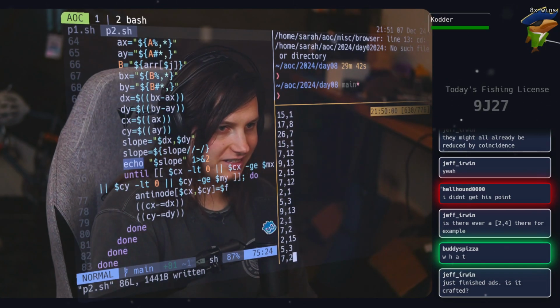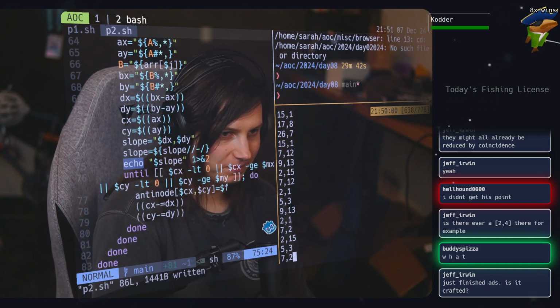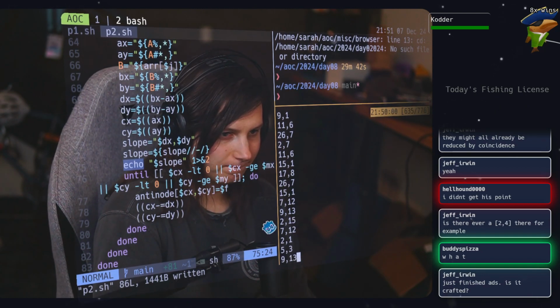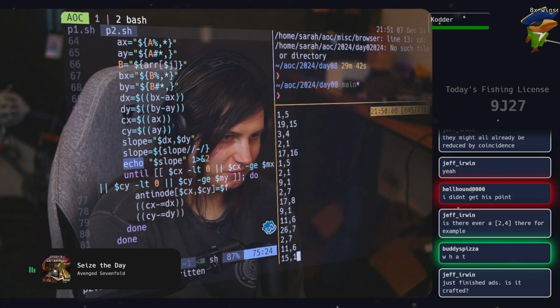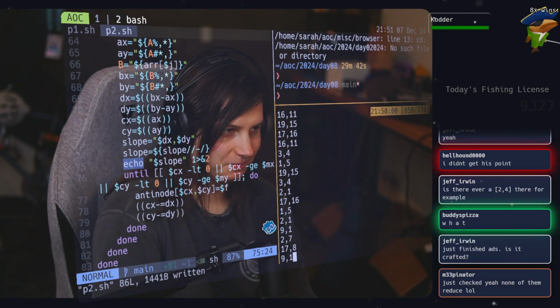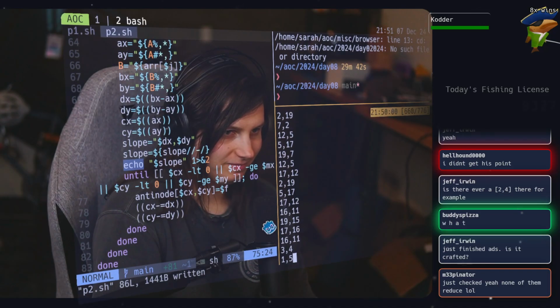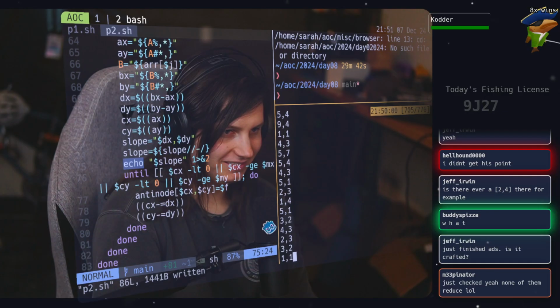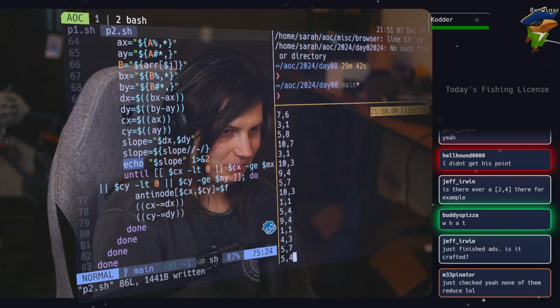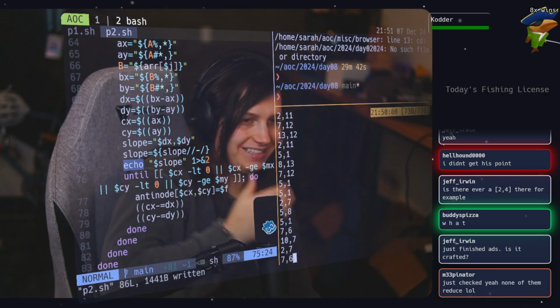Is it crafted? It's definitely crafted. I've not seen a single one that is a reducible fraction. Yeah. Why is it like that?